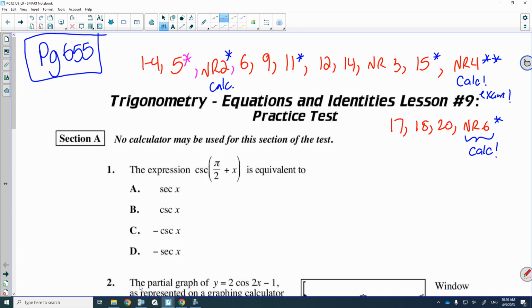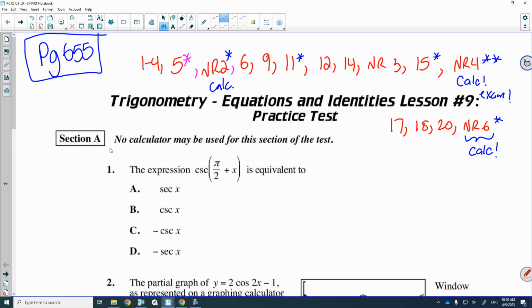Practice test is on page 655, so open up to that. It is a really good practice test. You're going to do these questions before you do any other. I've got a review package I could give you that you would do tomorrow when you finish off this.